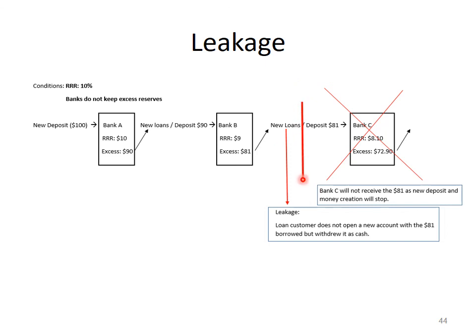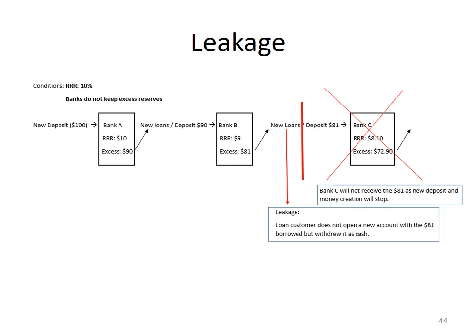It will be terminated here and will not carry on. This is what we call a leakage, when a customer doesn't open a new account or withdraws the money away. The commercial bank will not have that money to lend out to the next customer, and therefore the money creation will stop.